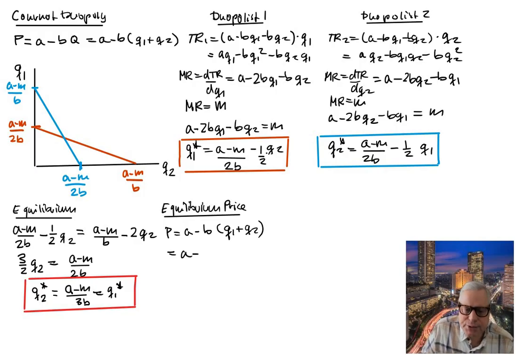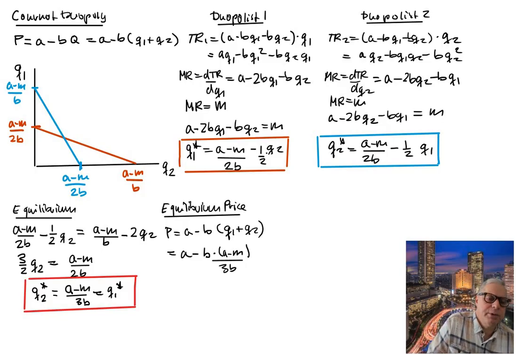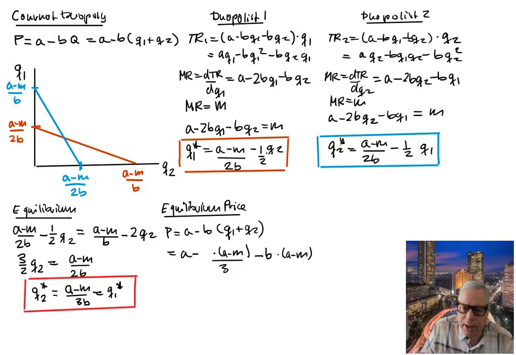So A minus B times Q1, which is (A minus M) over 3B. And of course now the B cancels out. Minus B times Q2, and that is also (A minus M) over 3B, but then again the B cancels out.